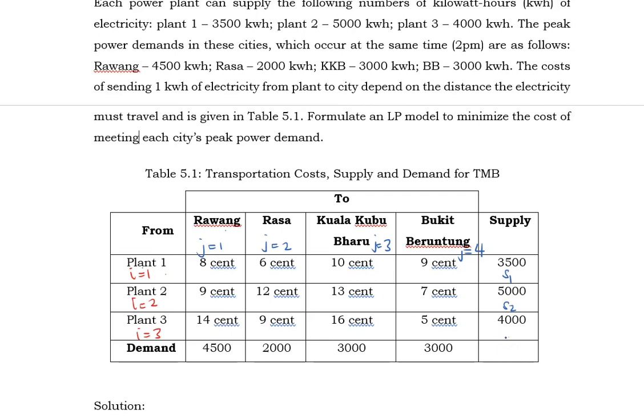This is S3. And the demand from Rawang is 4,500, so this is D1. D2, 2,000, is the demand from Rasa. This is D3 and D4.